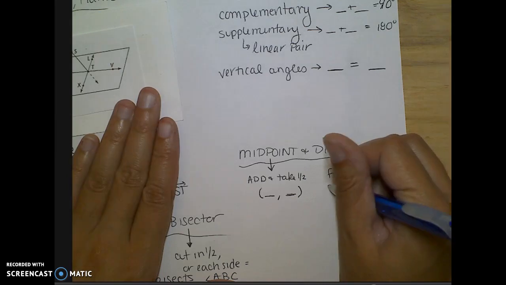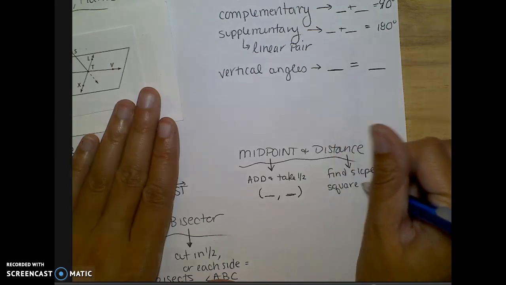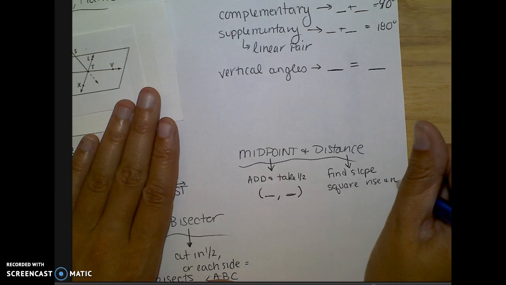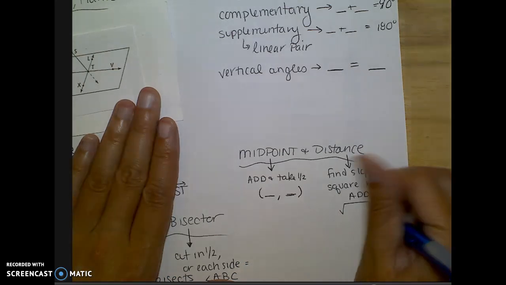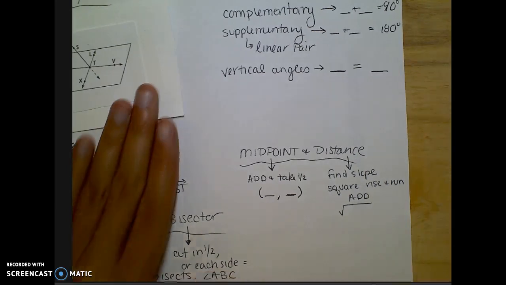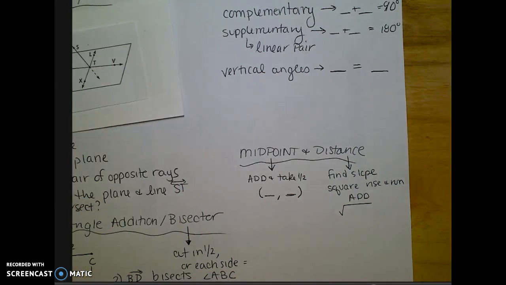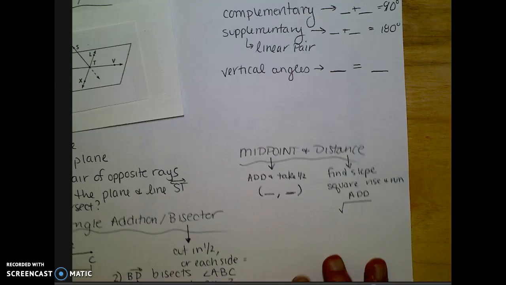Then you're going to square, rise and run, add, and then square root. This one always ends with one number, usually inside of a square root. Okay? So I'm going to do one example and then I'm going to have you guys try one.